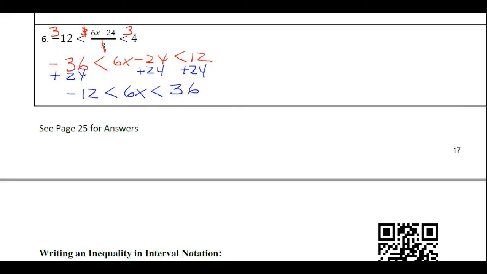And again, to get rid of the numerical coefficient of the variable, we divide every part by it. Now it's critical that you show the work to get to your answer. So this now becomes a negative 2 is less than x is less than 6.